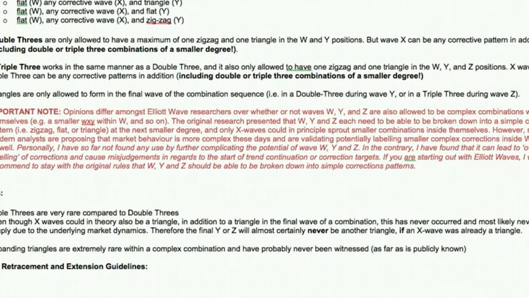Other than that, this guide should be self-explanatory, so just keep using it as you practice your wave counts, and it will be an ongoing aid until you've integrated all the information that's written in here.